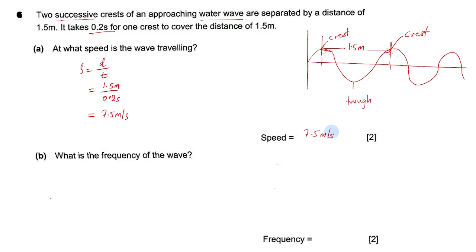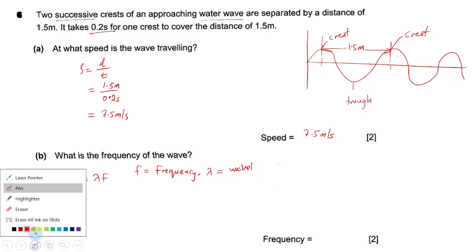We have another question that's asking, what is the frequency of the wave? Here we have a formula which says speed of the wave is equal to frequency times wavelength. The question is asking you to find this f. F is frequency. This symbol here, lambda, is wavelength.